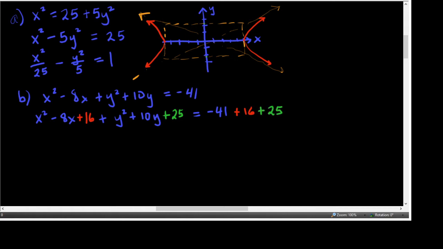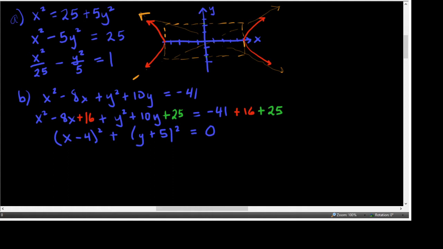And then factor the trinomials that are created: (x minus 4) quantity squared plus (y plus 5) quantity squared equals negative 41 plus 16 plus 25, which is 0. Oh, that ends up being 0.